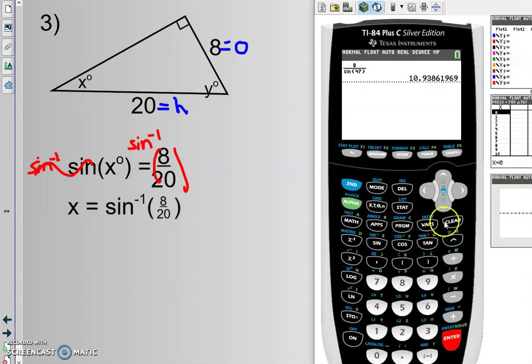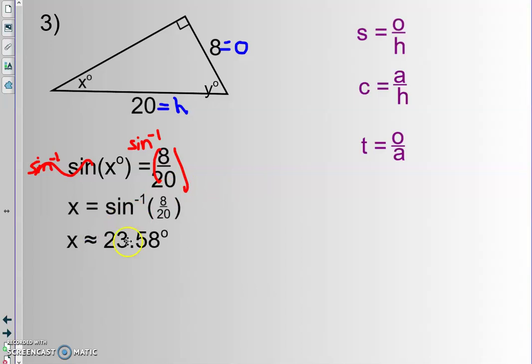So going into my calculator, I'm going to type in the inverse sine of 8/20, and I get about 23.58 degrees. X is about 23.58 degrees. So now that I know what x is, how do I find y?